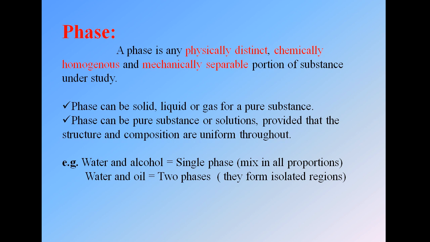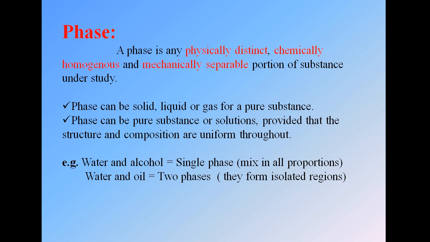Physically distinct means we can physically differentiate solid, liquid and gas. As we know, the physical nature of solid is different from that of liquid, and different from that of gas. We can physically see and observe that this is a solid, this is a liquid and this is a gas, so we can physically differentiate the three phases.